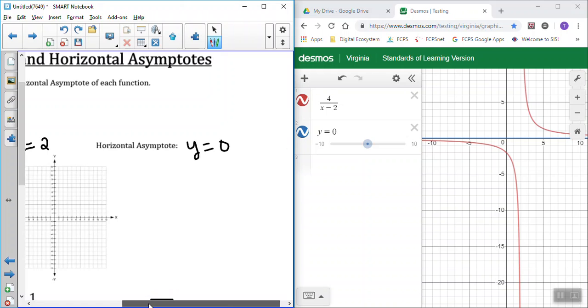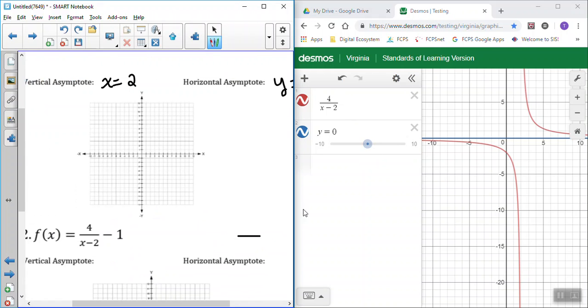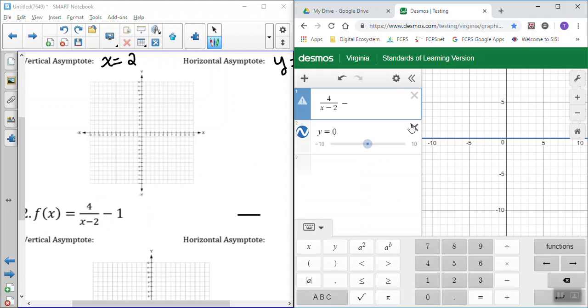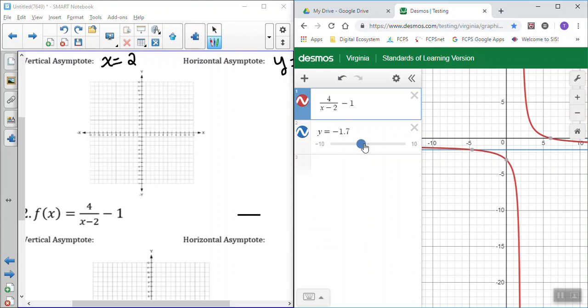Okay, so that's pretty much it. The graphs get a little bit more complicated, but it's still the same thing. So I'm going to graph this. You have 4 over x minus 2, minus 1. So I'm going to do minus 1. Now let me look at, well, I have the horizontal line up here, so let me just, there you go.